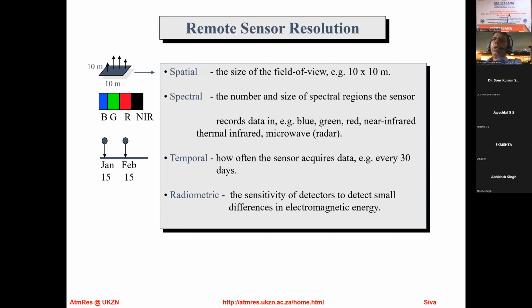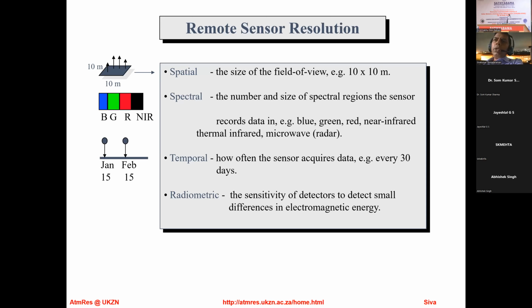You might be using Google Maps nowadays even to visualize locations. And then you have the spectral resolution. That means how you are able to distinguish the wavelength or the frequency of what is being backscattered. So that can be defined, and the instrument will vary with respect to that.